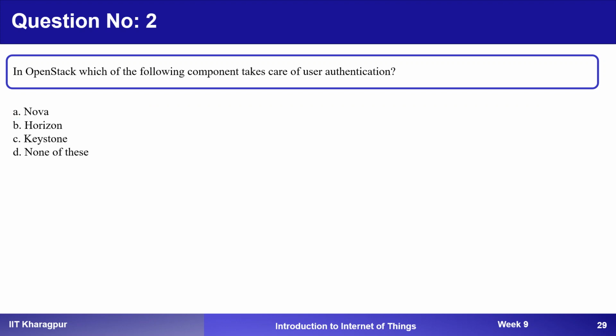Next question is, in OpenStack, which of the following components takes care of user authentication? Options are Nova, Horizon, Keystone, none of these.